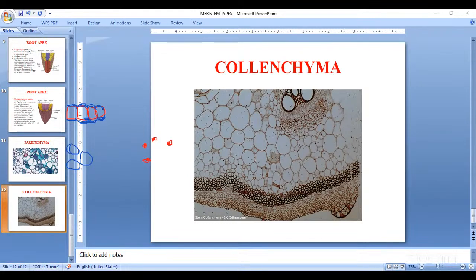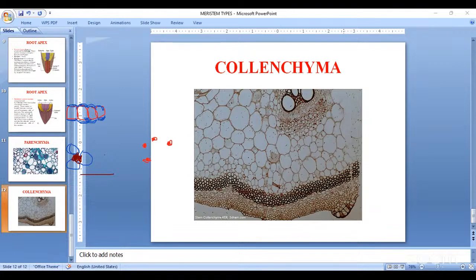So the chemical deposition is here. If the chemical is deposited in the intercellular space, this type of tissue is called lacunar. I told you the function: collenchyma provides strength to tender branches, leaves and herbaceous stems, and it gives tensile strength and flexibility to the plant body. So this is about collenchyma.